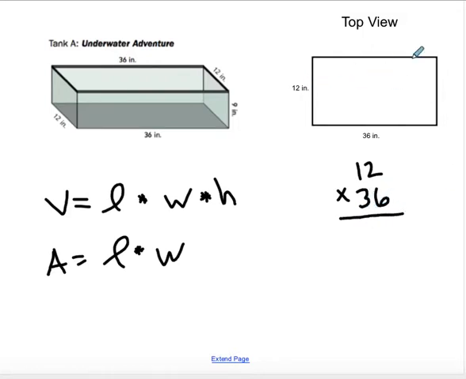Now, if you think about this, making an estimate here, what would be a good estimate for this area? Take a second there and think about that, and then when you're ready, unpause and keep going with the video. Okay, so many of you, I imagine, did an estimate that did something like 10 times 36, which would give us 360, based on what we know about multiplying by 10.